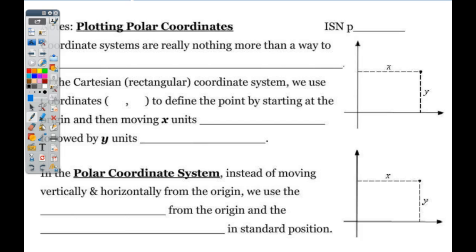Okay, so all of the plotting we've done so far has always been on the coordinate system. It's the rectangular coordinate system, and we use the x and the y. So we do this to define a point in space.